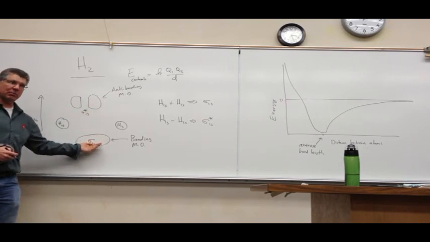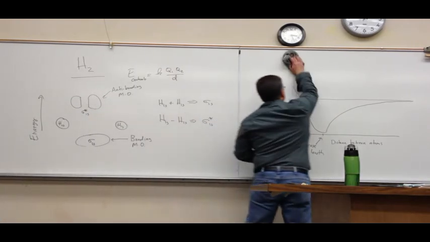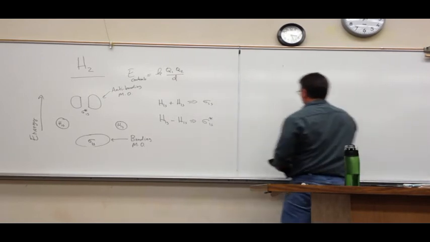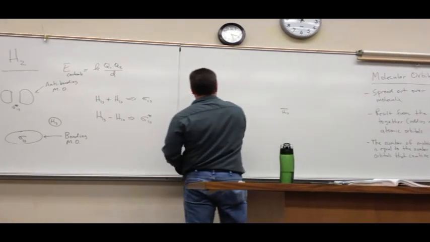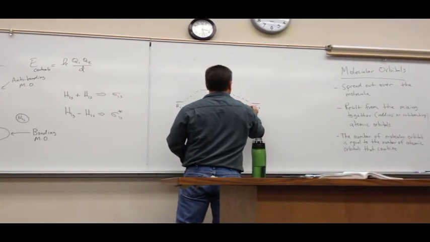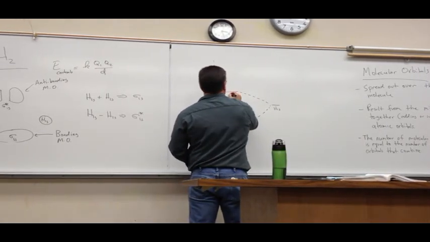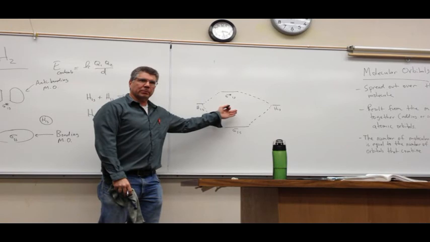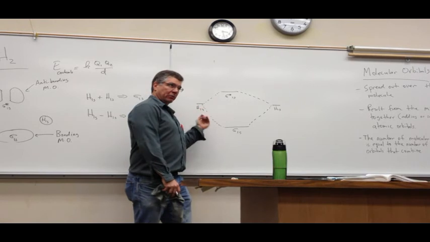One's lower in energy than the atomic orbitals, one's higher in energy. Usually you show it this way. These are the atomic orbitals, these are the molecular orbitals. Energy is on the y-axis here.